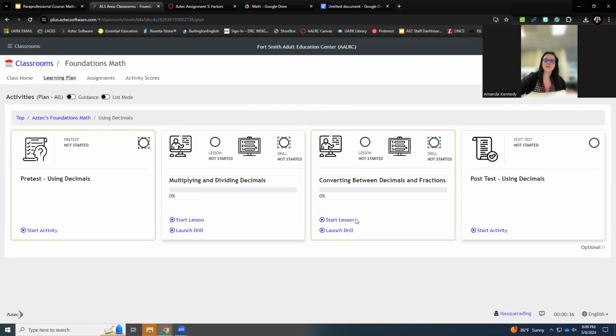So you can start lesson, get 80%, and then I definitely want you doing these drills. Get 80% on the drills. The drills are more useful, I think. If you really think you know this skill, then do the drills. If you're like, oh, I think I need more help, do the lesson and get more than 80%, okay?